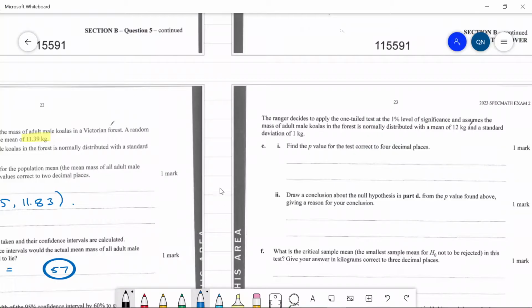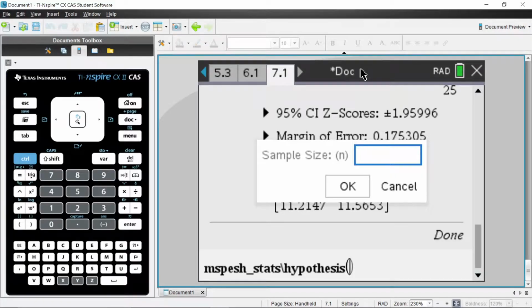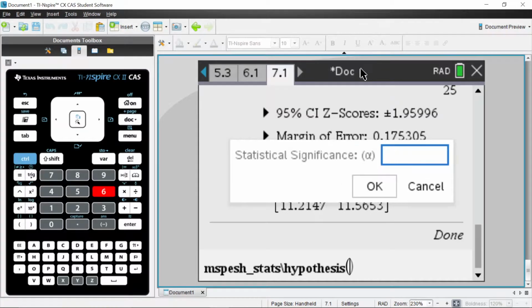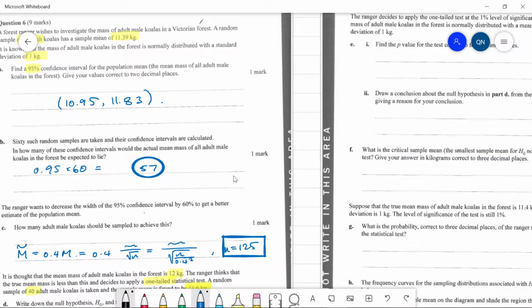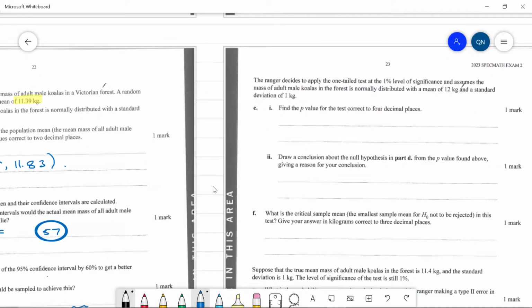Sample size is 40. Sample mean, 11.6. Significance level is 0.01. And it's going to be a one tail.